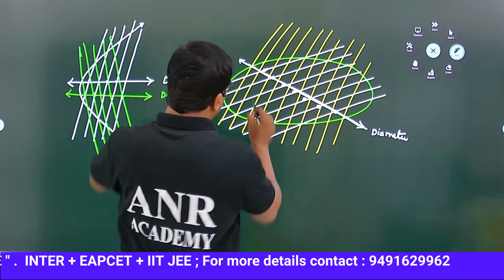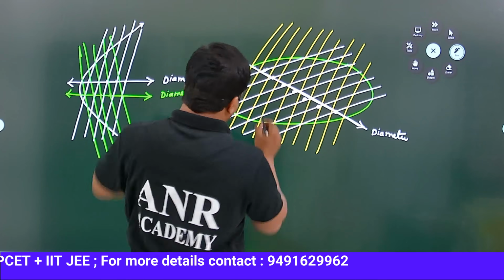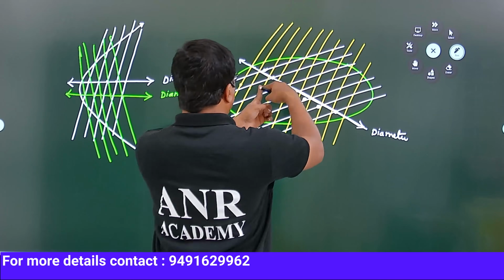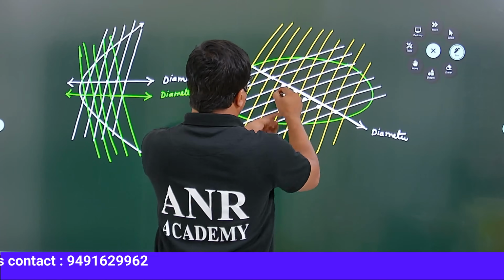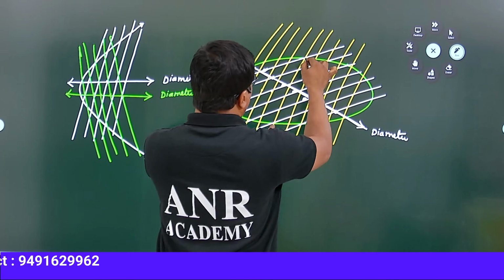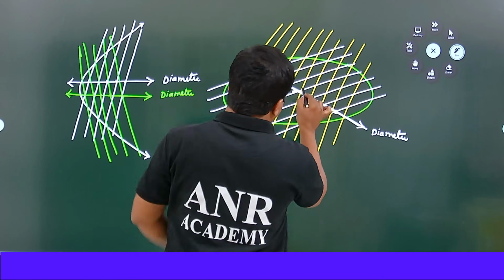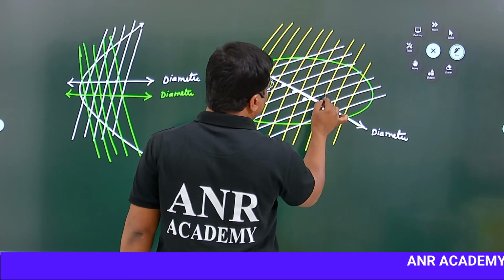This one is the middle point here, and for this there is a middle point here, next here, and then a middle point here, and for this you have a middle point here, and for this here, next.